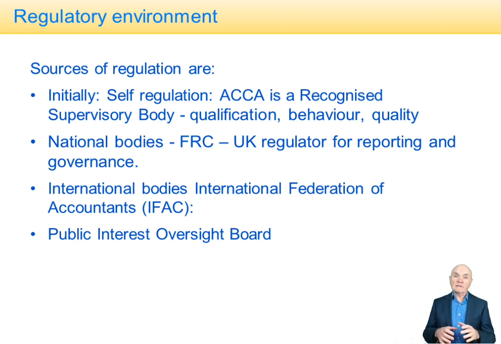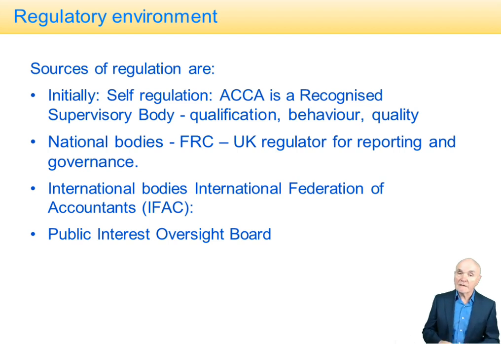And what happens is that in the UK, the government, in a way, delegates auditing responsibilities to accountancy bodies like ACCA, who then look after ensuring that members of ACCA have the right qualifications and training, that they behave ethically, and that they follow, for example, the auditing standards to make sure that audits are conducted correctly.